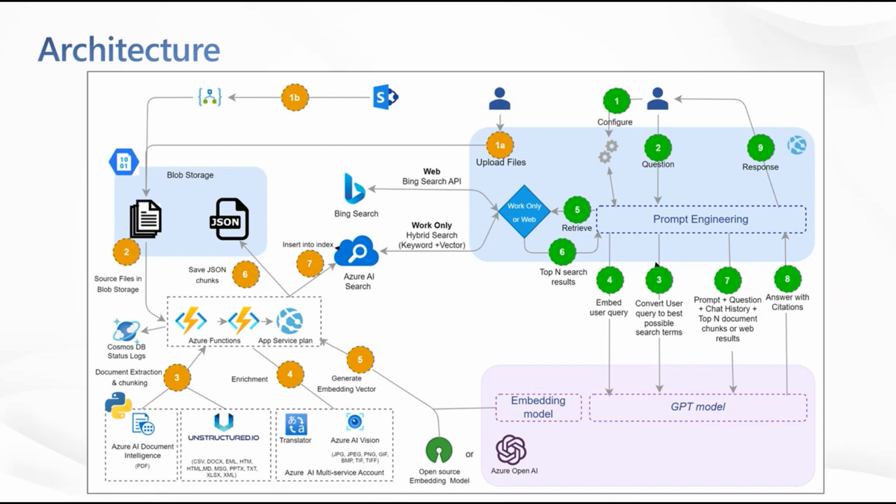Then if you have a 500-page document, these models don't have large enough context windows for that. You can't send 400,000 tokens across to GPT and expect it to get you back anything. So what we do is we then chunk those documents into smaller pieces so that we can give context from across an entire document. And we do that along with translating. We have our AI vision capabilities in there to give context about images themselves.